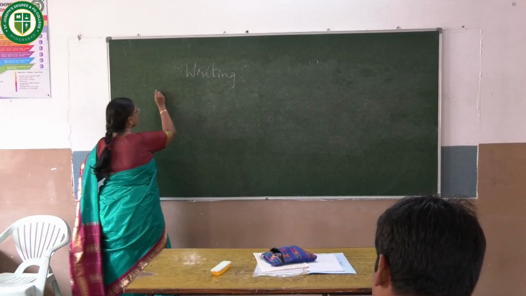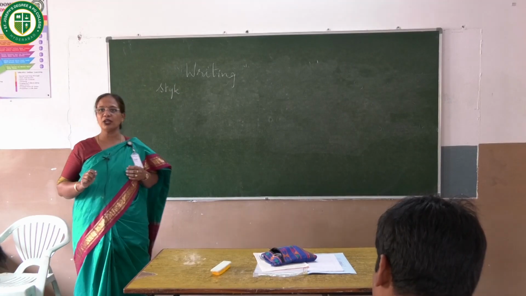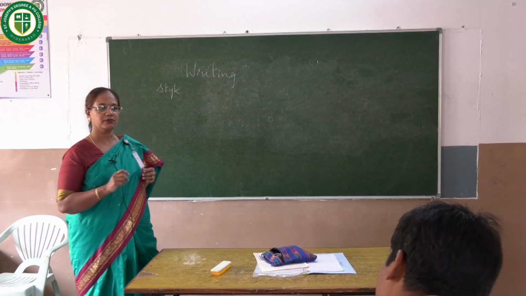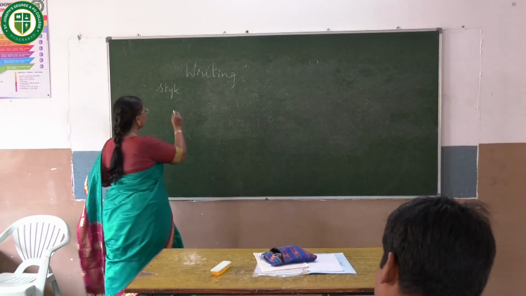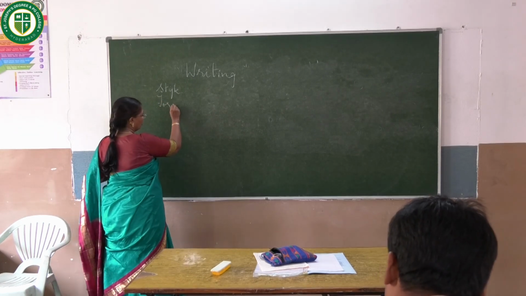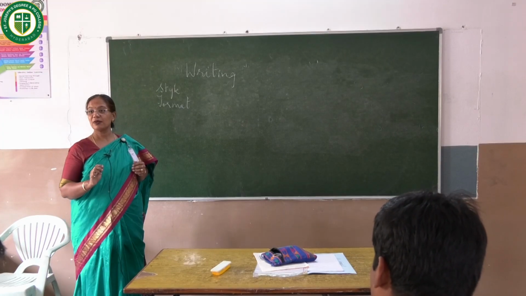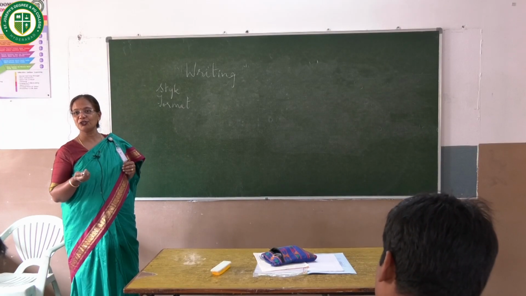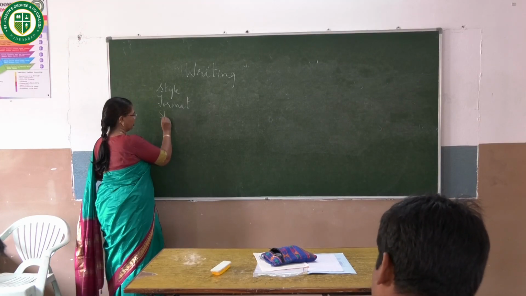Okay, one says style. Agreed. What else? What else is required for writing? Format. Okay. Apart from format, what skills do you need? Writing skills is needed. Okay, that is by default.